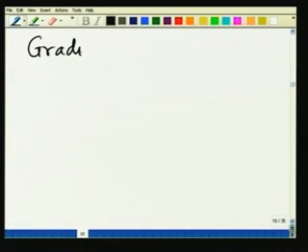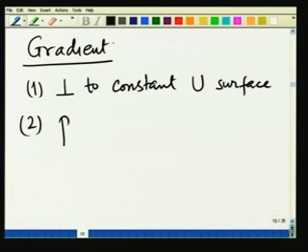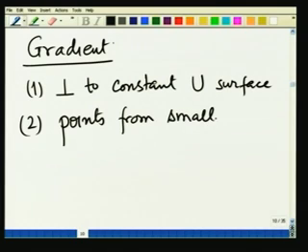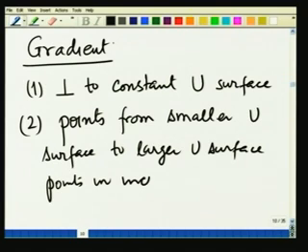So, two things we learn about the gradient. Number 1, perpendicular to constant u surface, number 2, points from smaller u surface to larger u surface, or in short, points in increasing u direction.